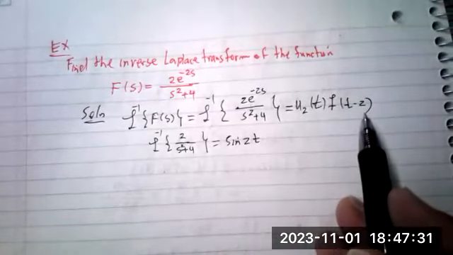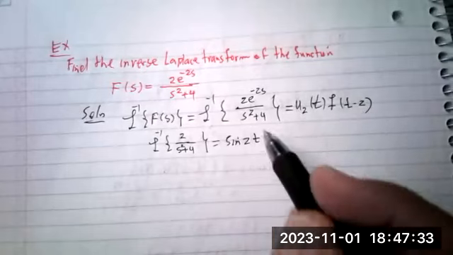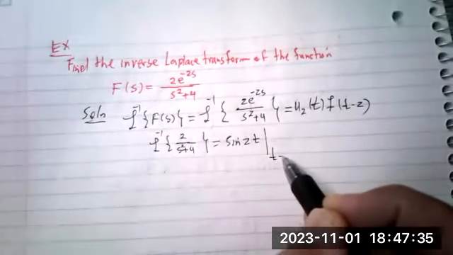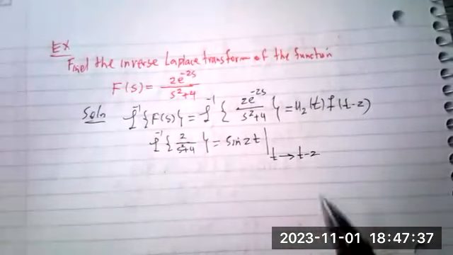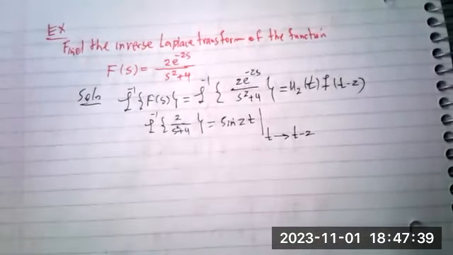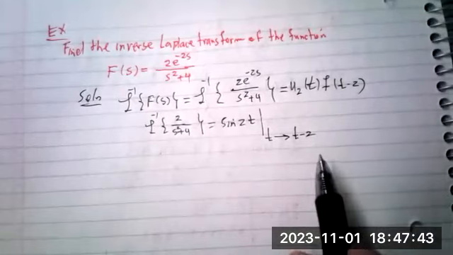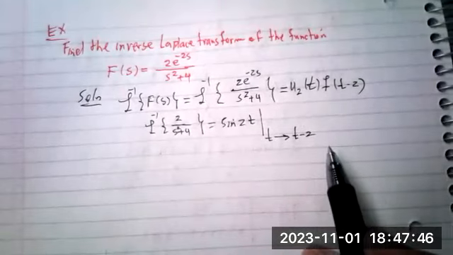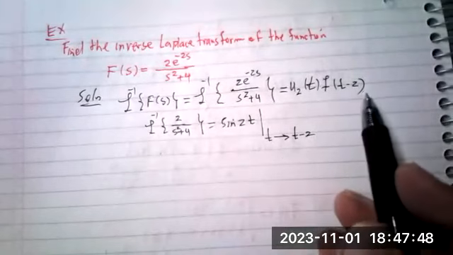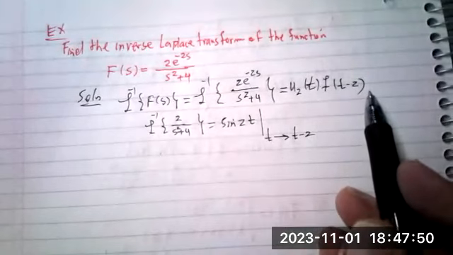But since you have this translation over here, what you do is you change the t into t minus 2, if you like, to understand it. This is the way we do it. If you change it to t minus 2, that gives you f of t minus 2 that you are interested in.